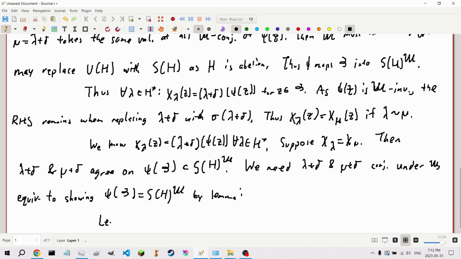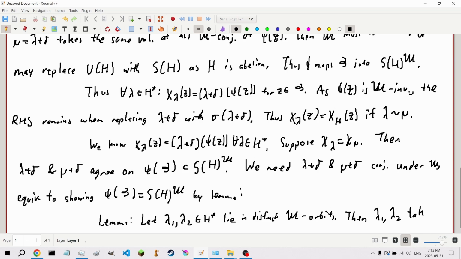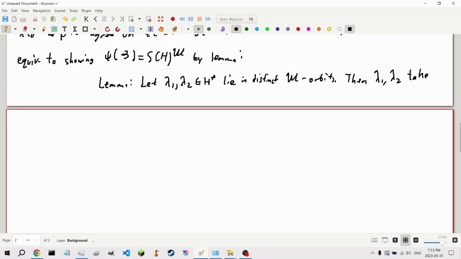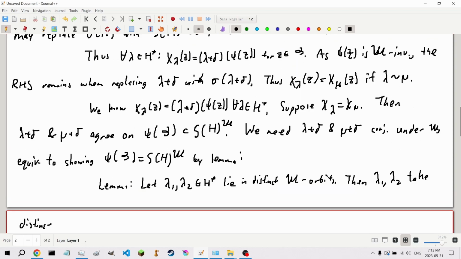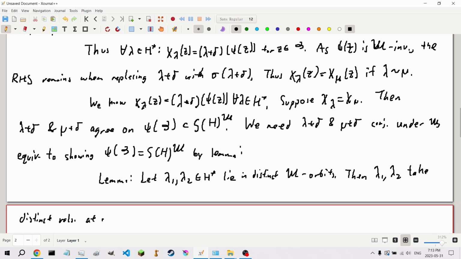And that lemma states that if we have two functions on H, lambda 1 and lambda 2, that lie in distinct Weyl orbits, then they take distinct values at some element of the symmetric algebra of H invariant under the Weyl group, which is, just to recall, equivalent to the polynomials on H star invariant under the Weyl group.